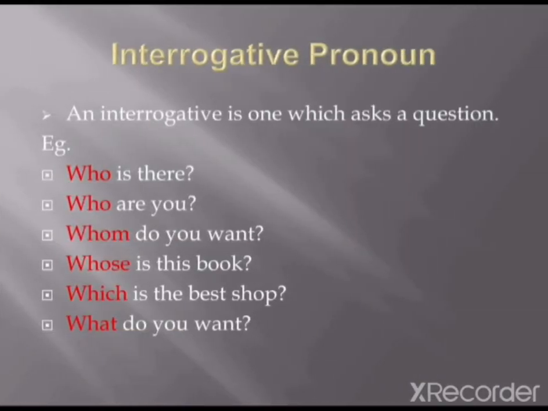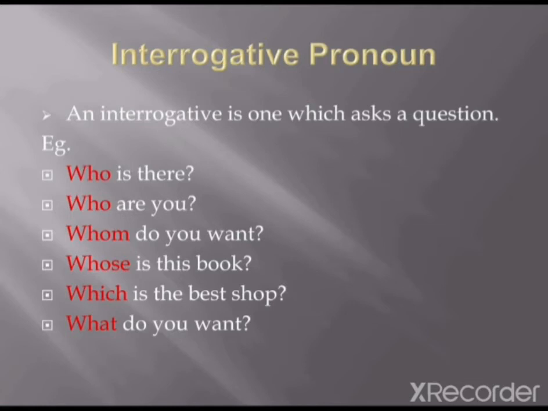The next is interrogative pronoun, which is one that asks a question. You will notice that the underlined or red pronouns are similar to relative pronouns, but interrogative pronouns do different work.